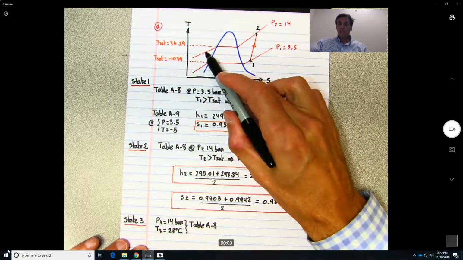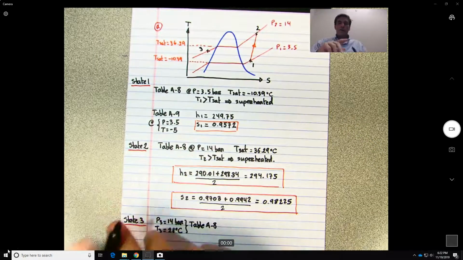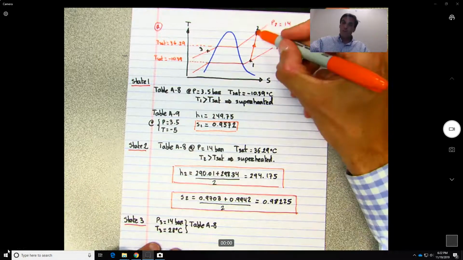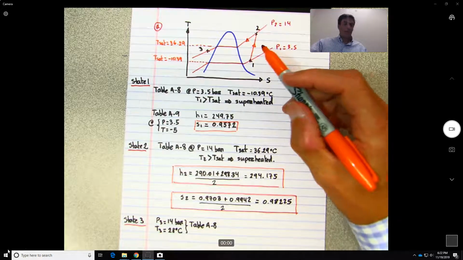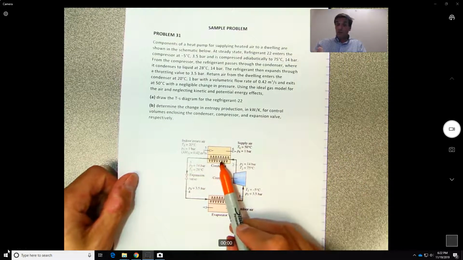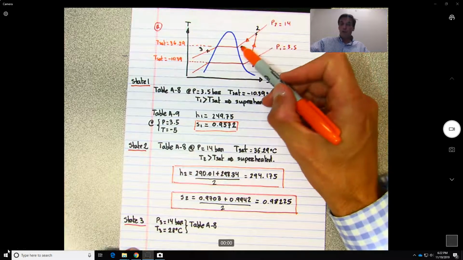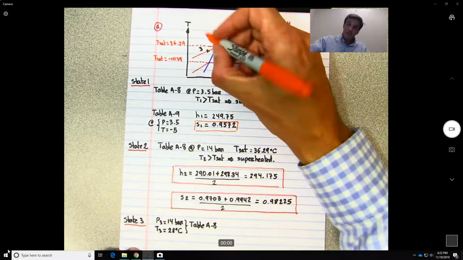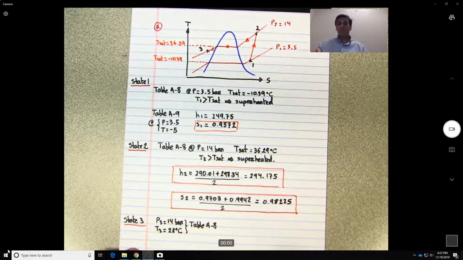It's lower, it's 28, so point 3 will be somewhere over here. So here we go from superheated through the condenser. Throughout the condenser, the refrigerant goes from superheated, becomes a mixture, and ends up being a liquid.